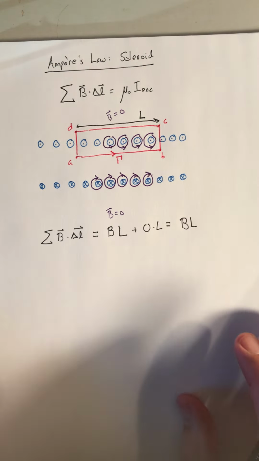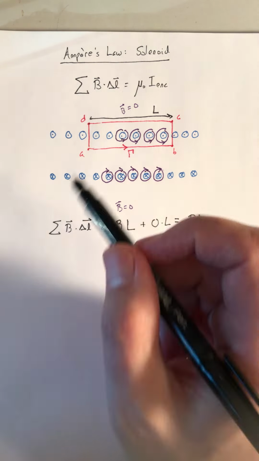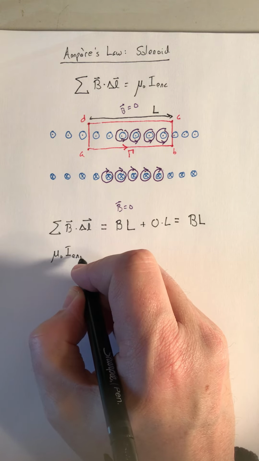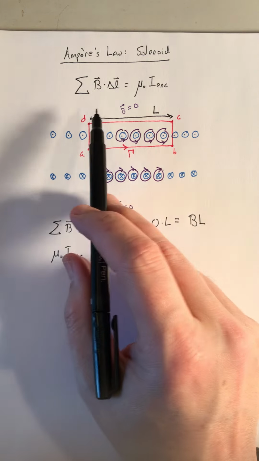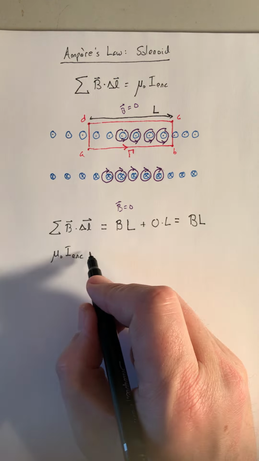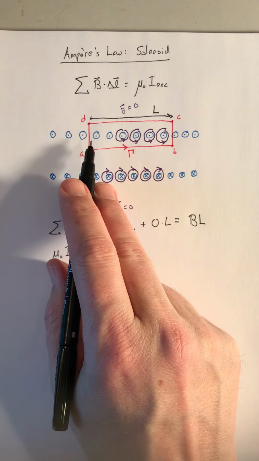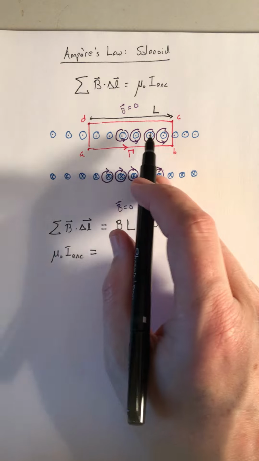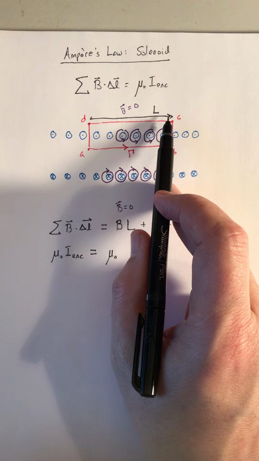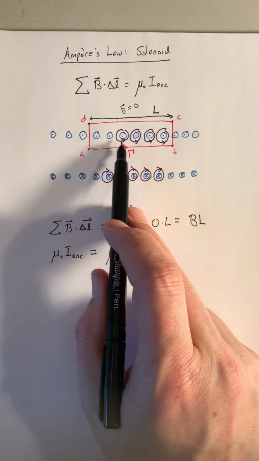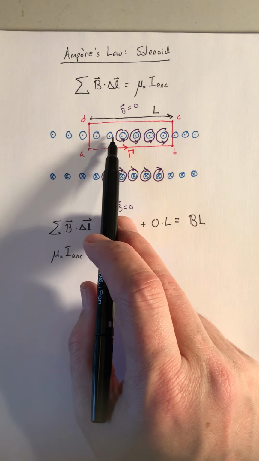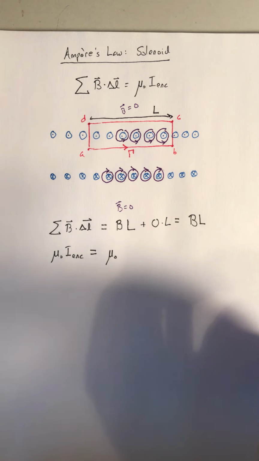All right, so now let's think about the right-hand side of Ampere's law. Mu naught times I enclosed. Well, along this length L, I am enclosing some number of currents. So it's not just one, but that current is repeating over and over again inside my loop. And since I haven't specified a value for L, I also really haven't specified a value for N. I mean, we can sit here and count it, but for a real solenoid, this is going to be very, very many currents very close together.